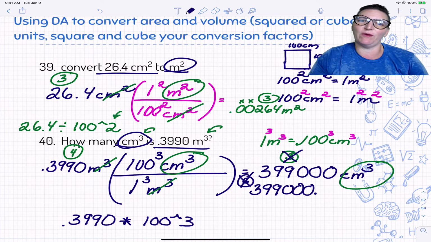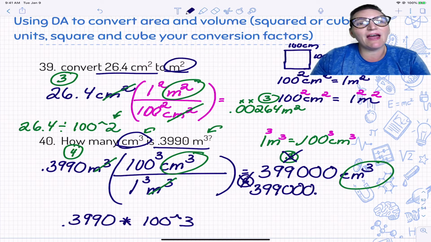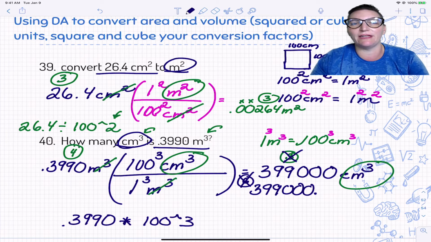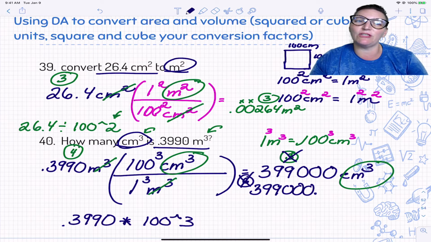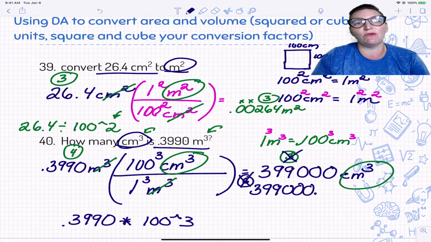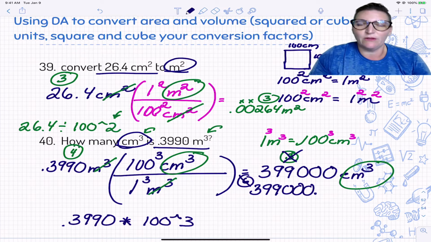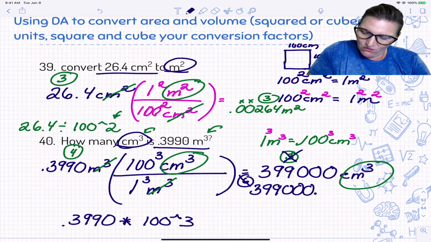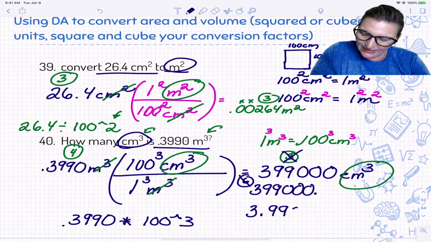When you have a situation where you can't really get the right number of significant figures, the easiest way to rectify that is to put that number into scientific notation. Because by definition, a number in scientific notation will always have a decimal point. The decimal point is going to make those zeros significant. So we're going to make the number 3.990.